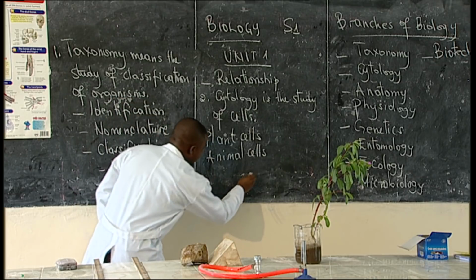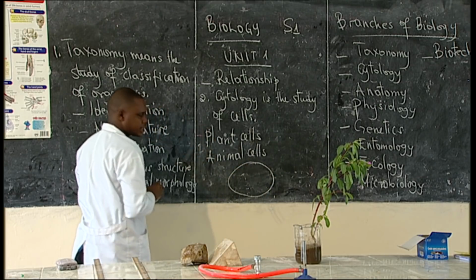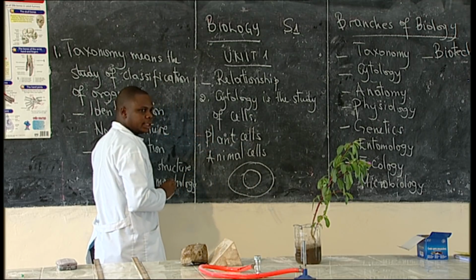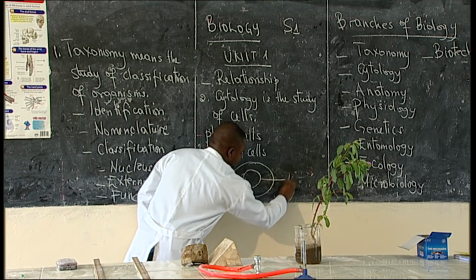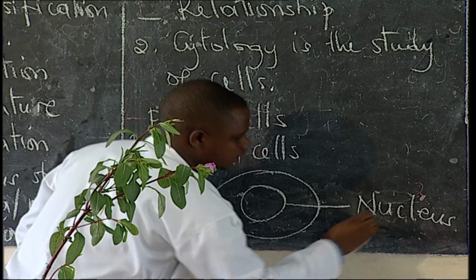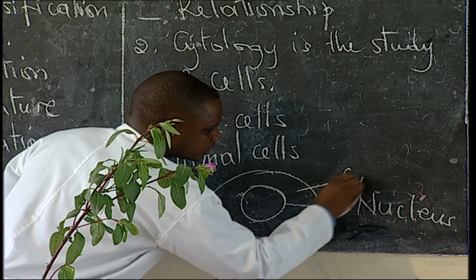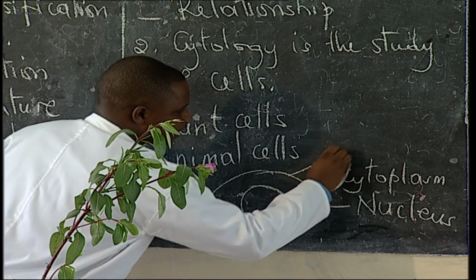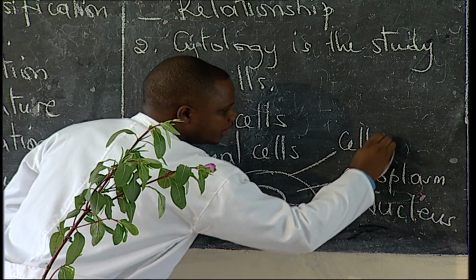Let us say here we have animal cell. This cell has the internal part. This one, we call it nucleus. This one is cytoplasm. Then this one is the cell membrane.